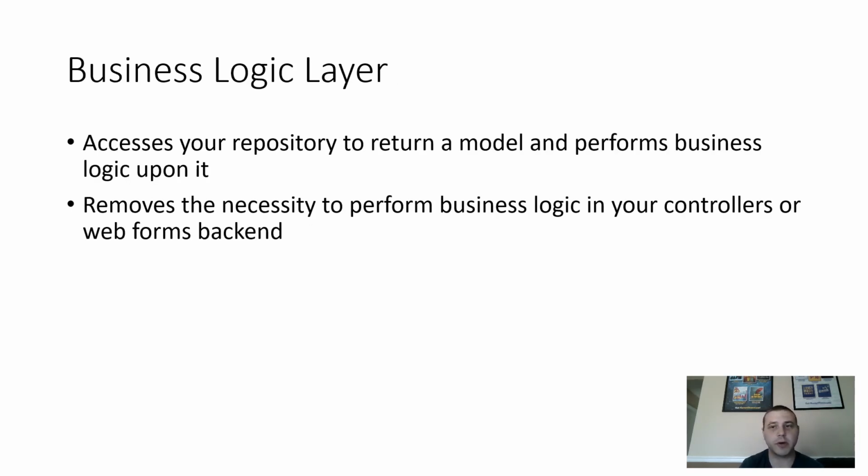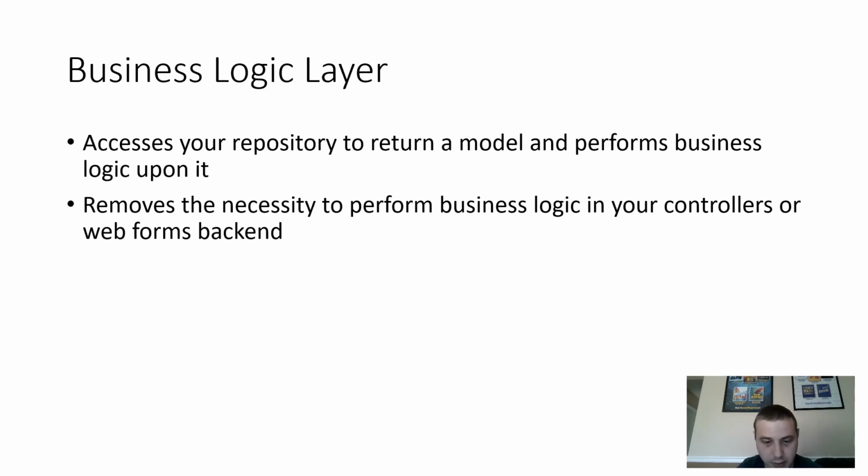So now let's talk about the business logic layer. The purpose of this is to access your repository and return a model. And what the business logic layer does is it performs different functions on the models, like it populates them with stuff or removes stuff from them.